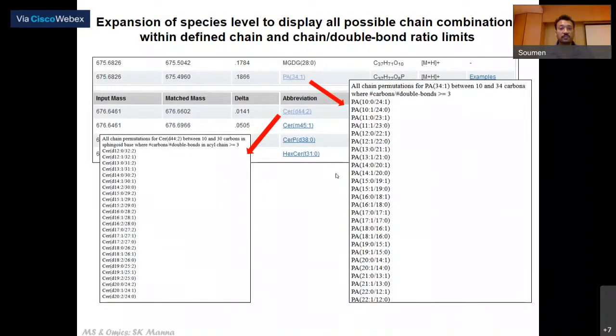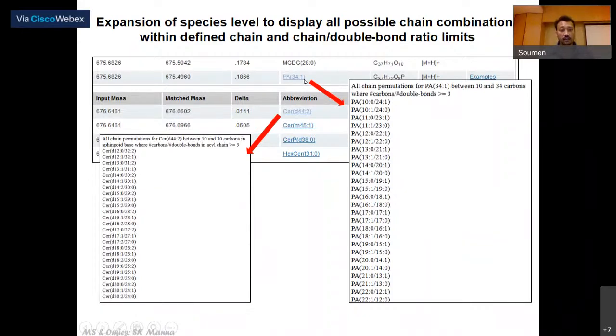So for example, this is a phosphatidic acid here, and the overall formula is 34:1. That means there are 34 carbons and one unsaturation. And this is how lipids are identified. So you have to write the lipid class, and in the bracket you have, for example, how many carbons and what is the unsaturation.